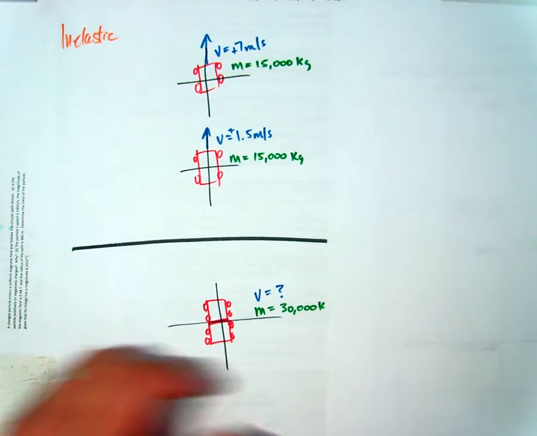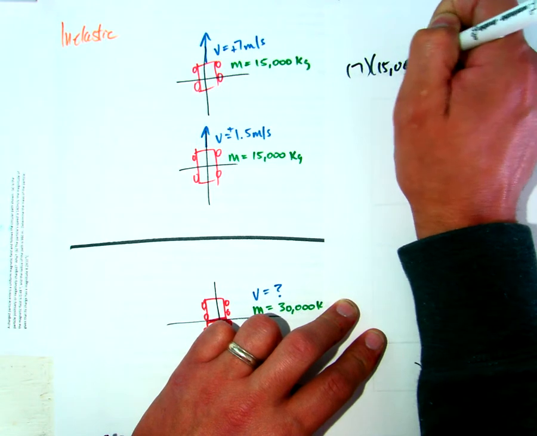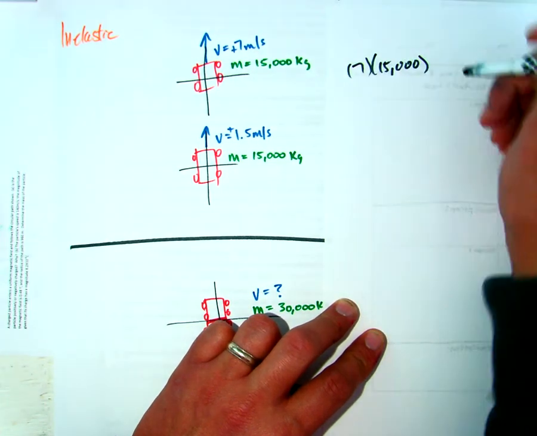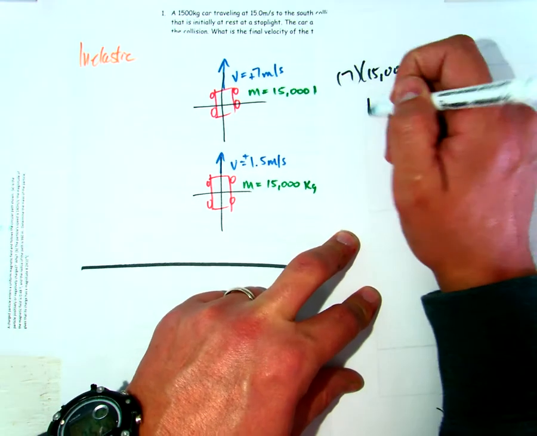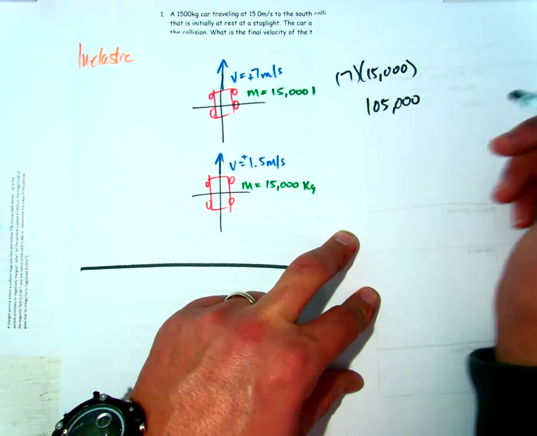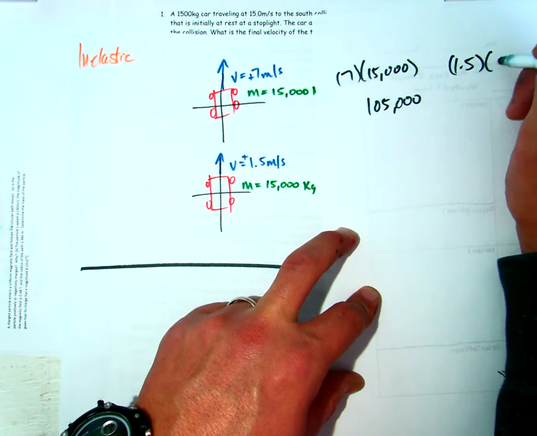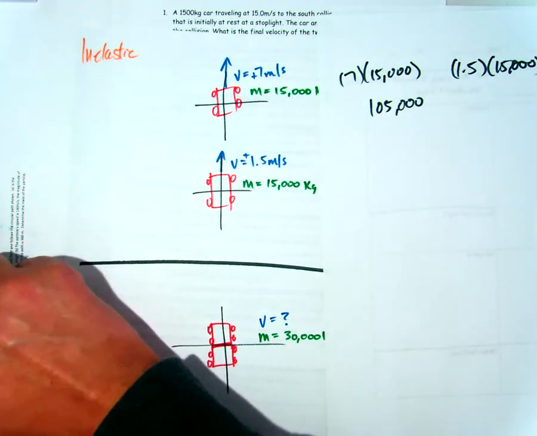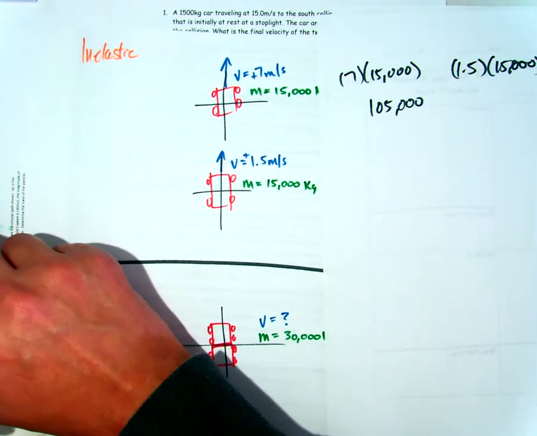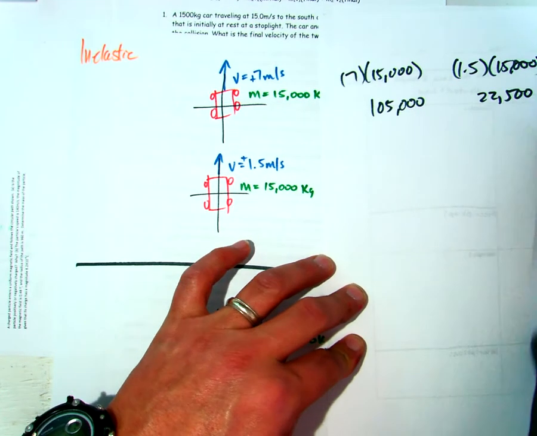So we want to figure out what is the momentum beforehand. So I can take 7 times 15,000 and then figure out what that is. So 15,000 times 7 is 105,000. Then I'm going to do 1.5, which is the velocity times the mass. Multiply those two, and I get 22,500.